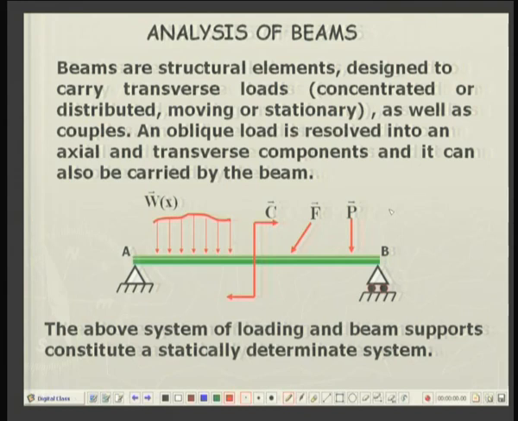So, for example, here is a pin joint or a simple support which will have two reactions, a horizontal reaction and a vertical reaction, and the second is a roller support which will have only one reaction, only a vertical reaction. So, three reactions and three equations of equilibrium in a plane. So, this structure is a statically determinate structure.